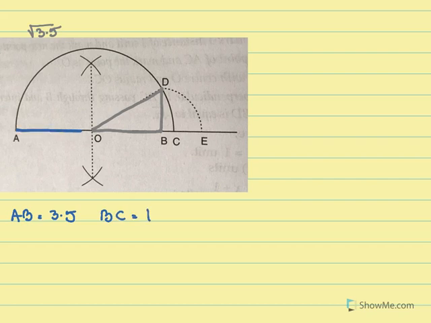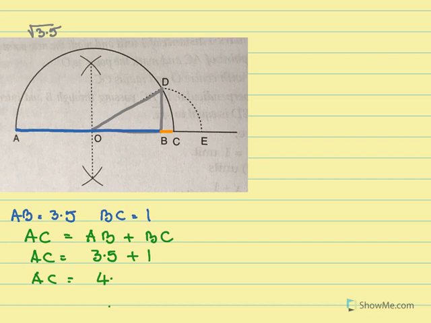If you remember, you took your AB as 3.5 and then you took your BC as 1. So that entire AC equal to AB plus BC. That means your AC was 3.5 plus 1, and your AC was 4.5.